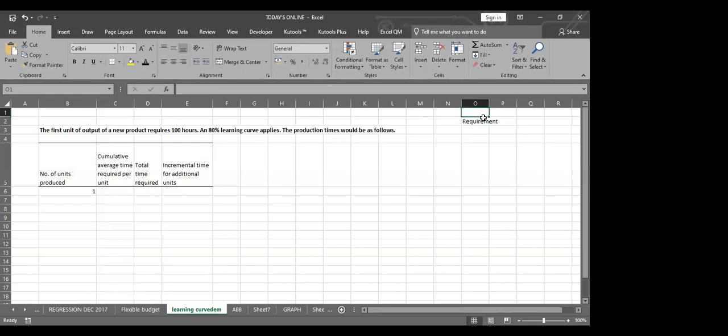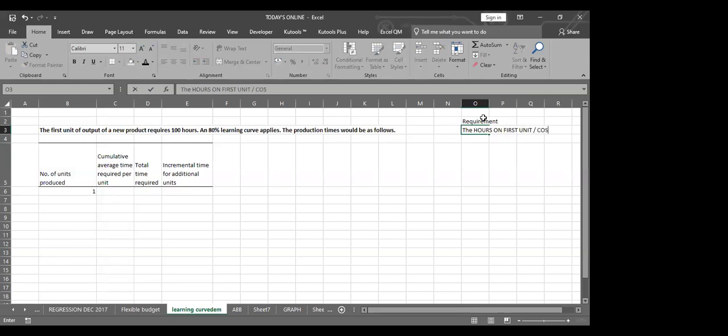The hours spent on the first unit are very important, and are always required.